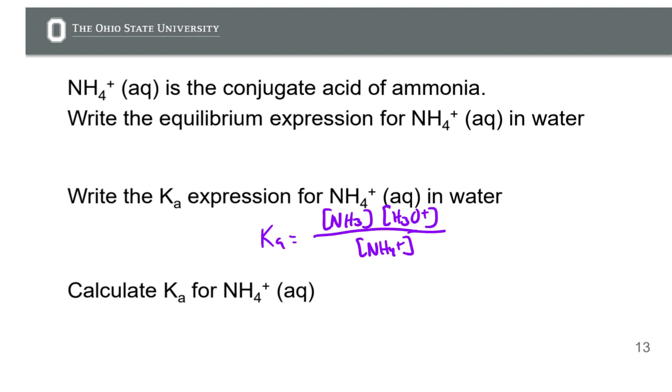We won't find a Ka for NH4 plus, most likely on a table, but we will find the Kb for NH3, and it's 1.8 times 10 to the minus 5.